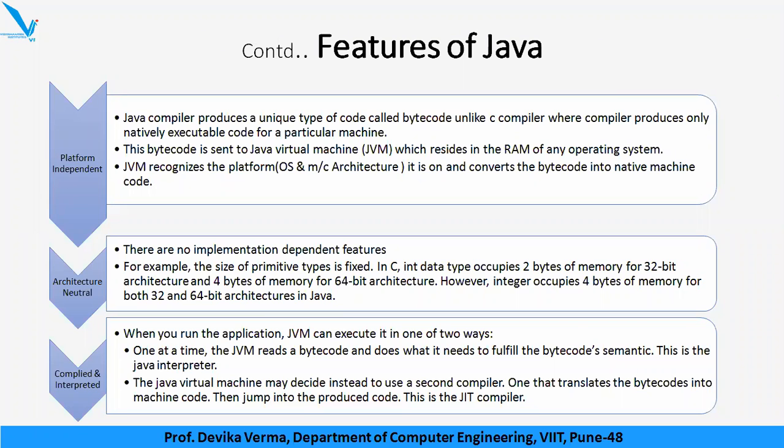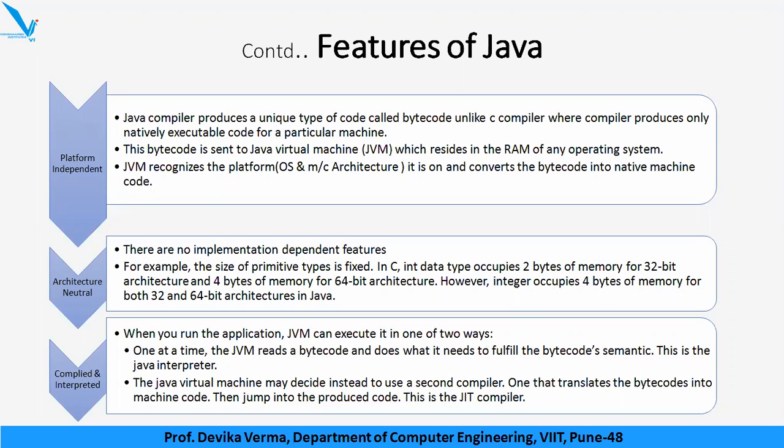Java is also architecture neutral. Now, what does it mean? Architecture neutral means there are no implementation dependent features. If you look at other programming languages like C and C++, depending on the system architecture, the size of an int and the number of bytes that it occupies changes depending on whether you are using a 16 or 32 or 64-bit architecture.